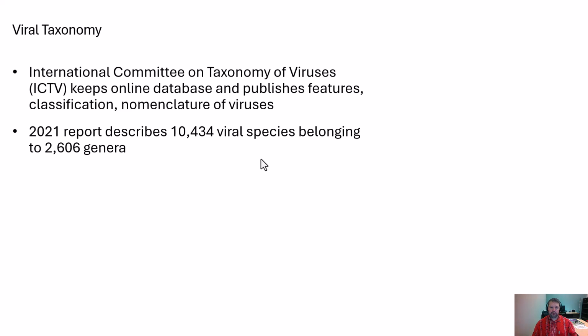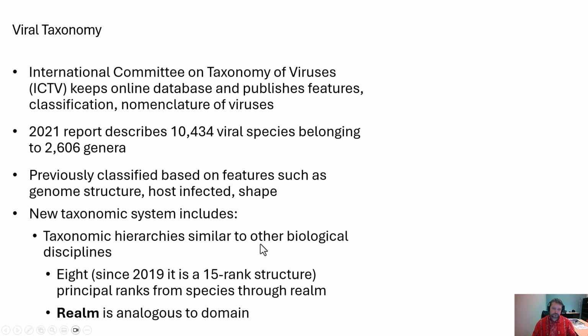So what is the genetic material they're carrying, DNA or RNA? We're starting to get better at basing our classifications on that versus just basing them on the shape or what type of spikes they have, that kind of stuff.